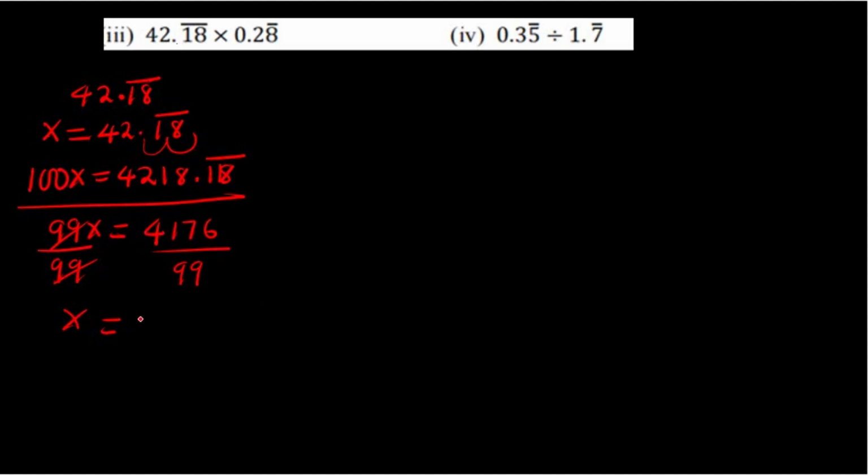So here 3 can enter 9. So meaning that when I reduce that one, it will be 464 over 11. You also do this side, the other one.